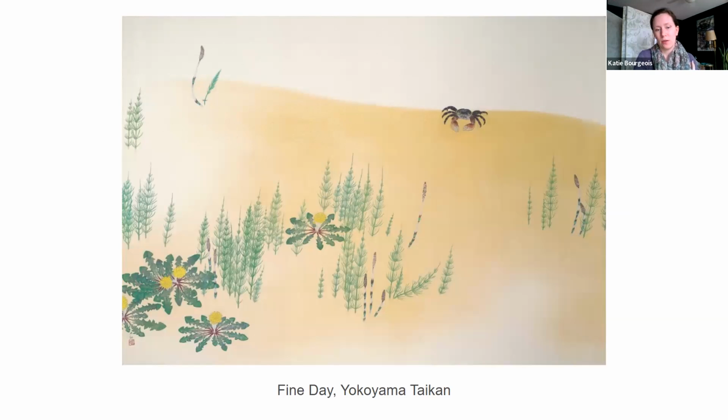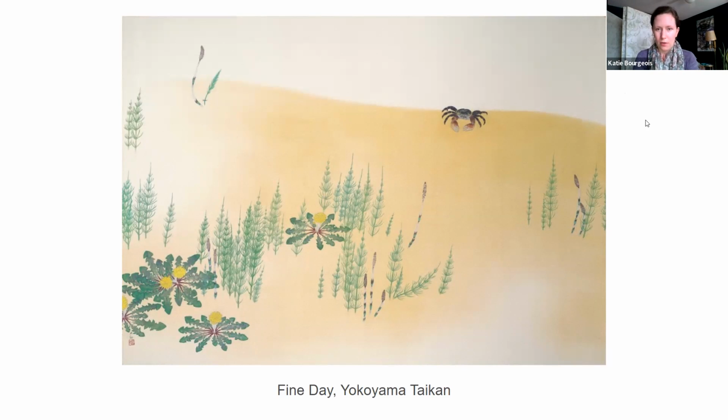Just for something different, this is Yokoyama Taikan. I'm not sure if I'm saying their name right, but I thought this was nice to show because not everyone necessarily wants to paint a rural landscape.